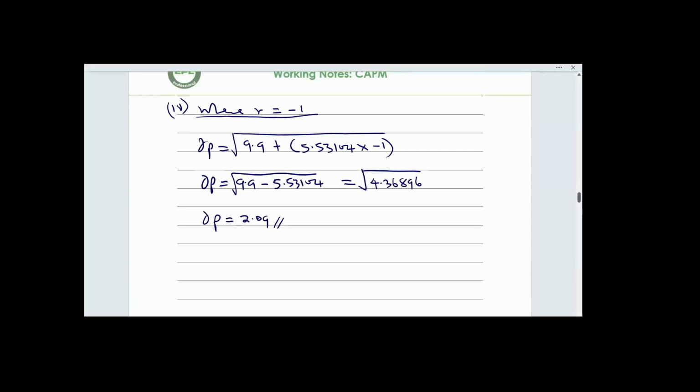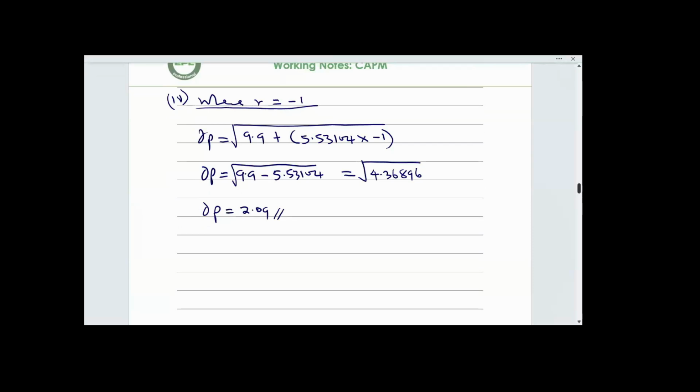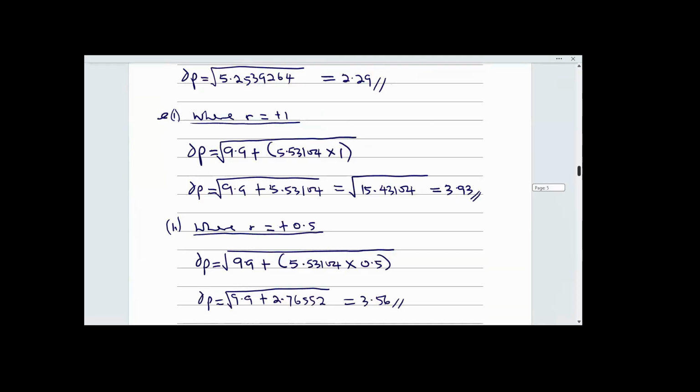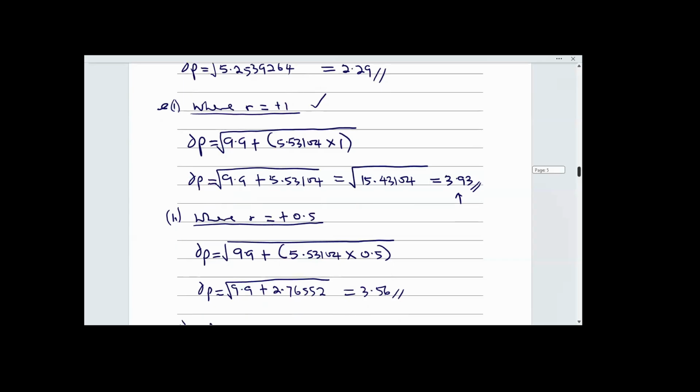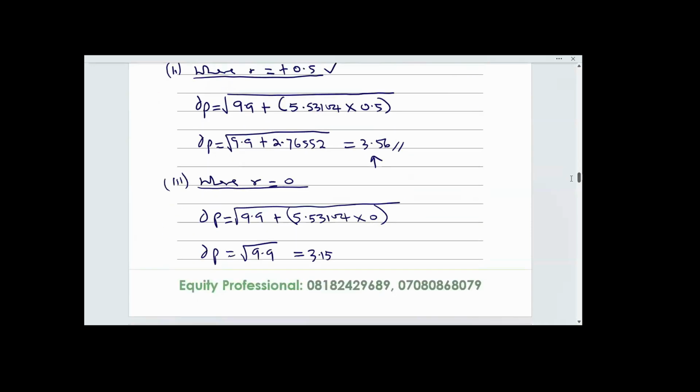When you look at our calculation, when the correlation coefficient is perfect 1, the risk of the portfolio is 3.93. When the correlation coefficient reduces to 0.5, the risk also reduces to 3.56. When it reduces further to 0, the risk reduces to 3.15.